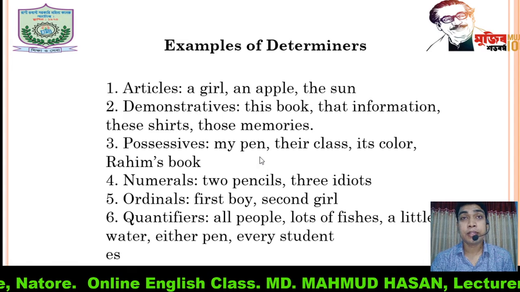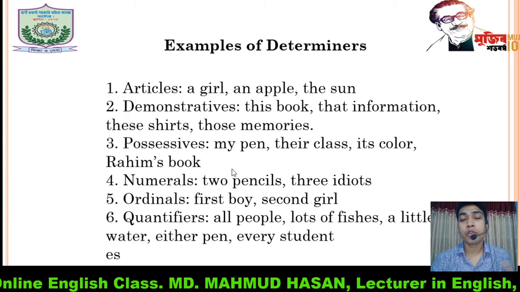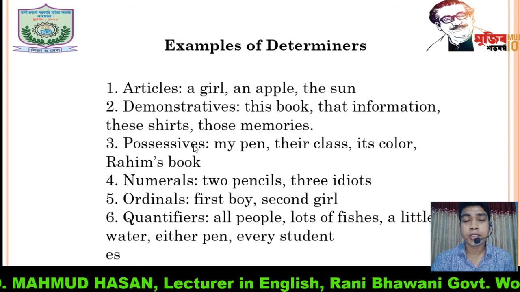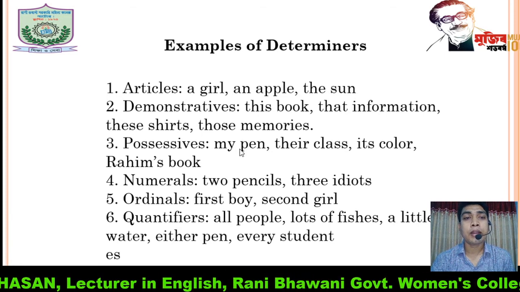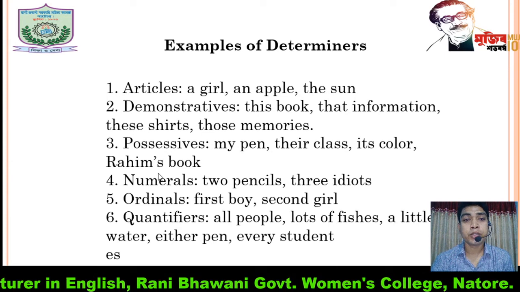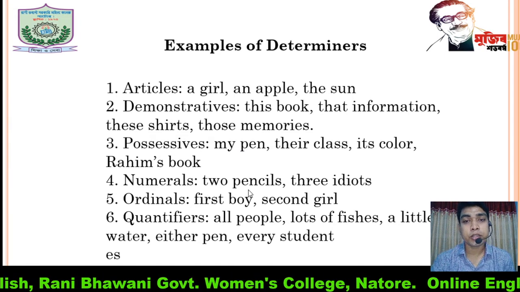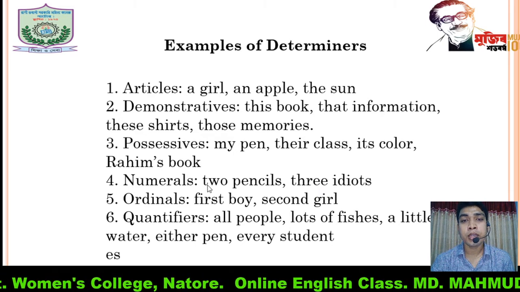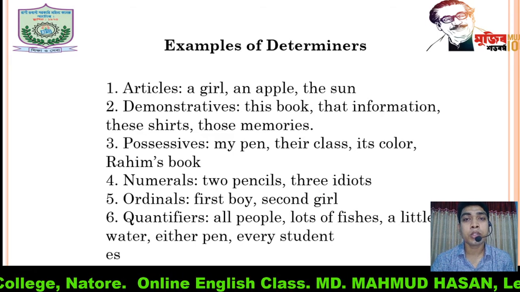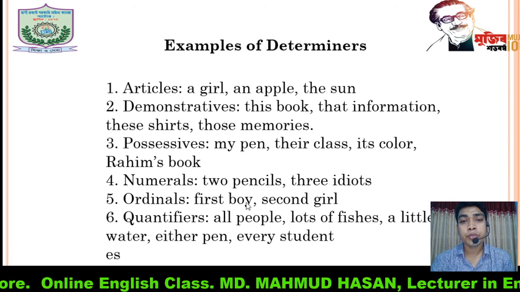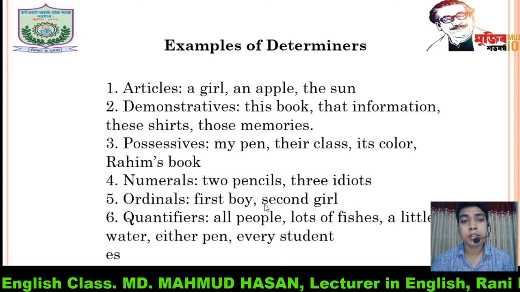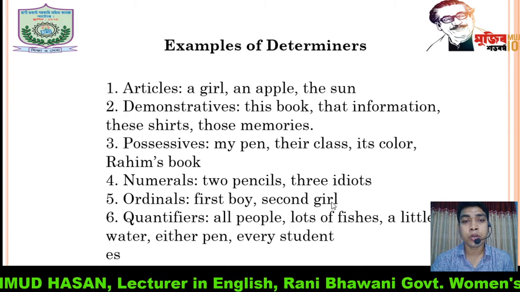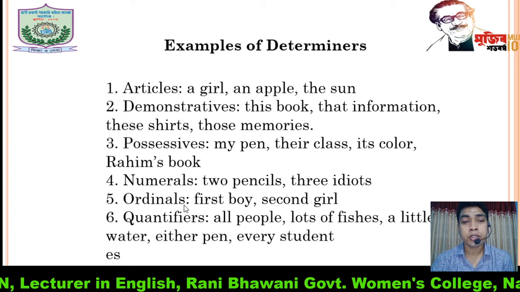Possessives: my pen, their class, its color, Rohim's book. My, their, its, Rohim's, all these are possessives and they are placed before a noun, and they are also determiners. Numerals: 2 pencils, 3 idiots. 2 and 3 are numerals and they are determiners. Ordinals: first, second, these are ordinals, and both words have been placed before nouns, boy and girl. So ordinals are determiners.